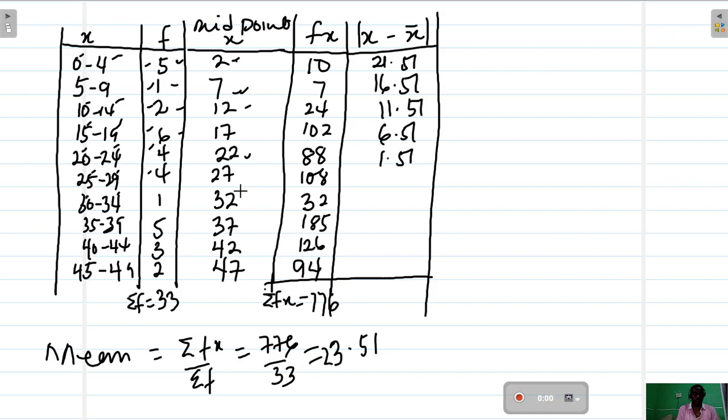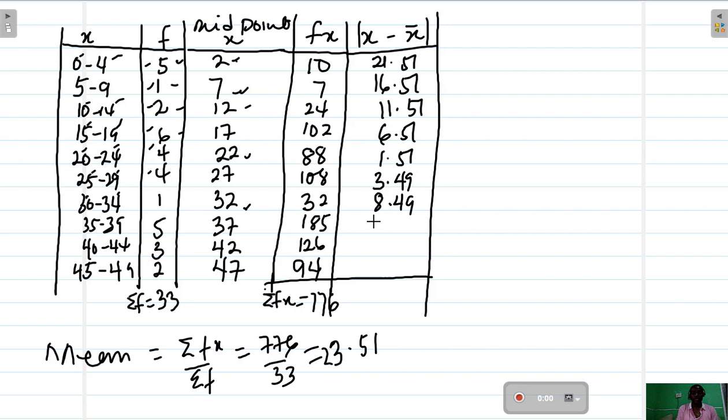Then 27 minus 23.51, we will get 3.49. Then we come to 32 minus 23.51, which will also give us 8.49.